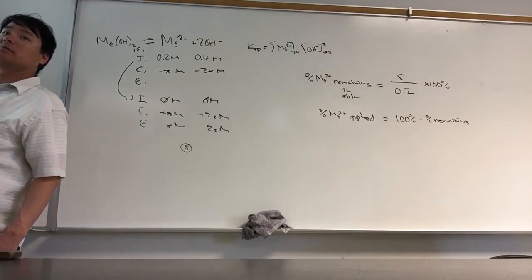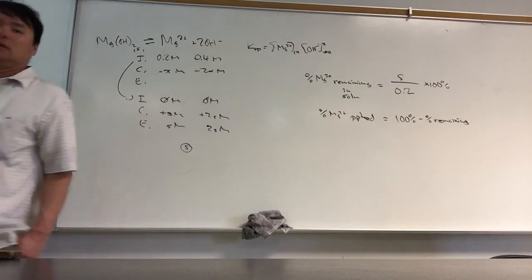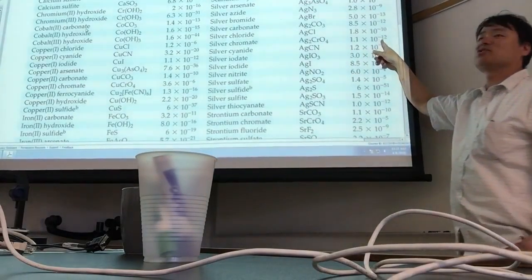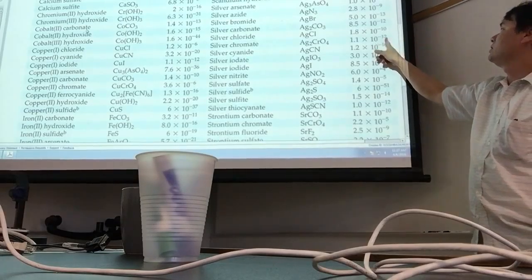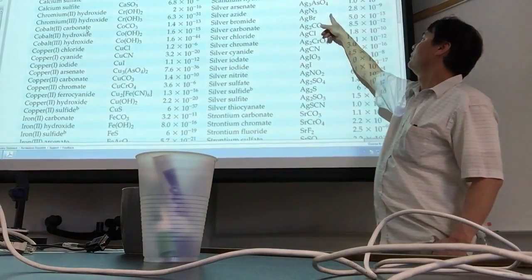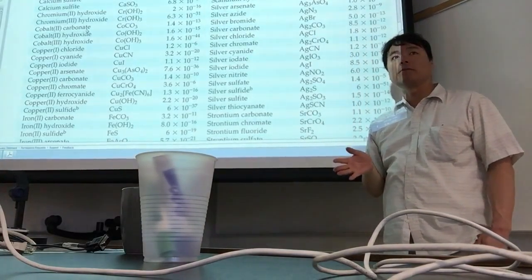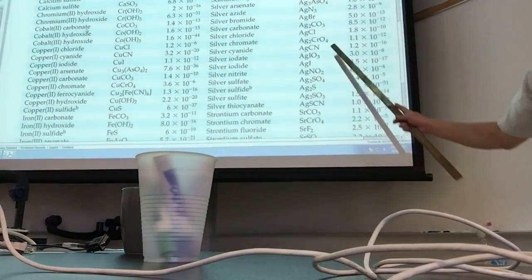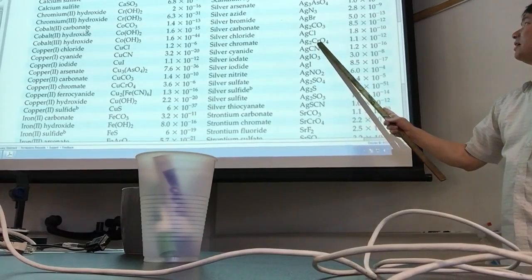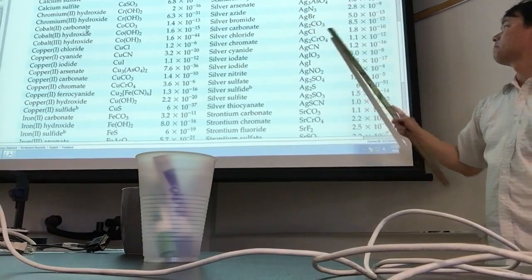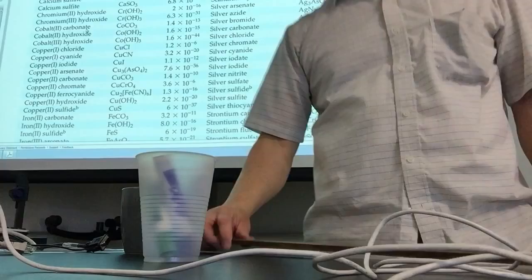It's not very soluble, pretty small KSP. If you look at silver chromate, its KSP is 10 to the minus 12. So this KSP is bigger. Since the KSP of silver chromate is bigger, then you'd say, oh, silver chromate is more soluble. But you can't say that. The reason you can't say that is because silver chromate ionizes in a different pattern than silver bromide. And so the KSP dependence on solubility is going to be different.